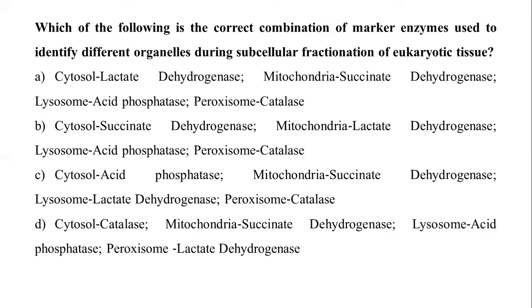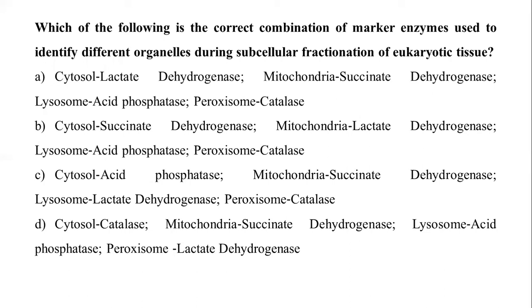The next question is asking which of the following is the correct combination of marker enzymes which are used to identify different organelles during subcellular fractionation in eukaryotic cells. So the LDH, or the lactate dehydrogenase enzyme, is normally localized in the cytosol, and it is released by the damaged cell.